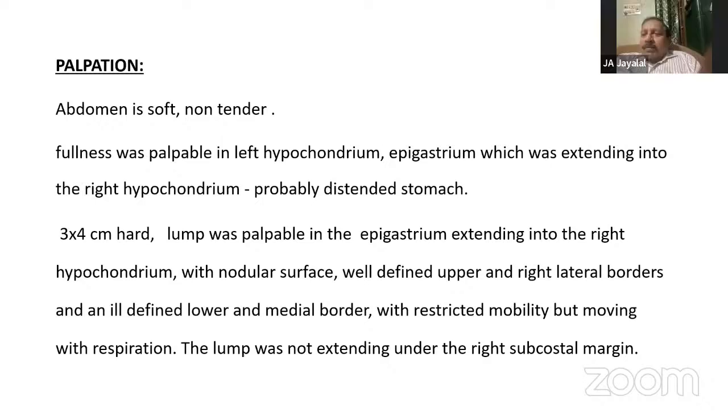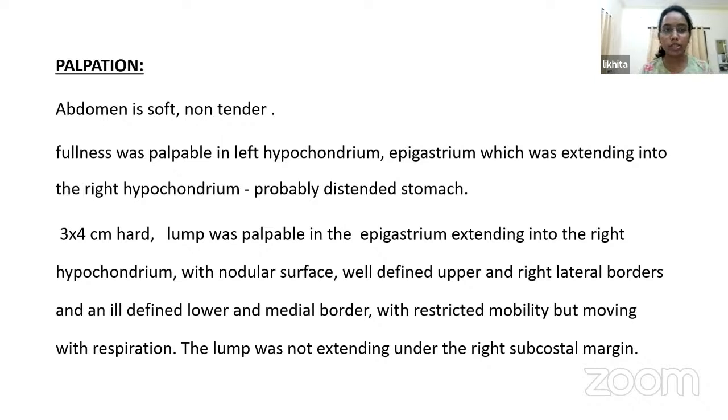So the pressure we are expected to apply to intrinsically mobilize it is lesser than the pressure exerted by the intrathoracic pressure. No, I don't understand. When a swelling has restricted mobility, even when you are holding it and moving it, but it is moving naturally with respiration, there should also be restricted mobility.